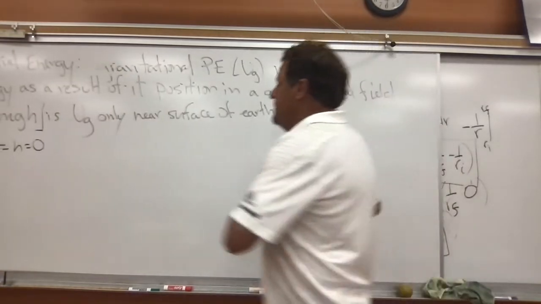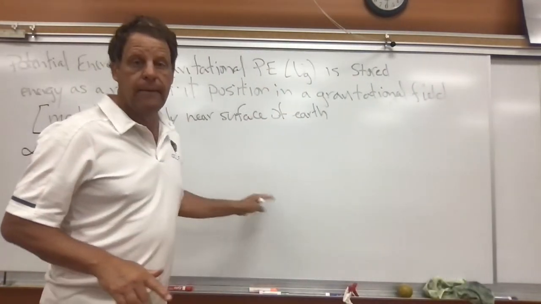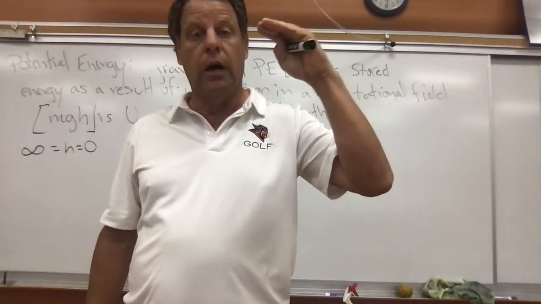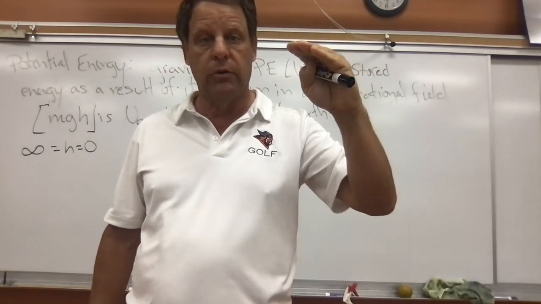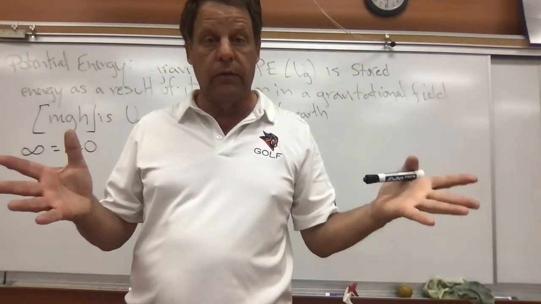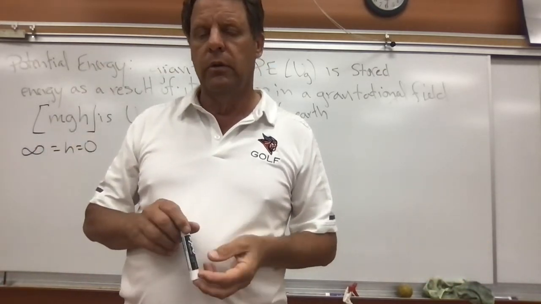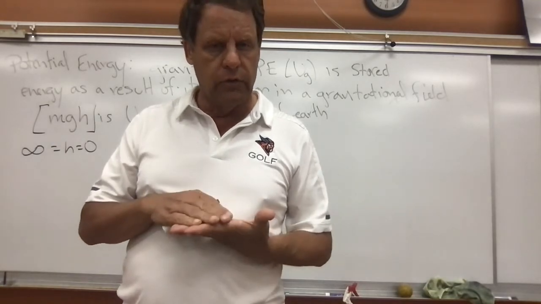Now the difference between the surface of the Earth and 100 kilometers is a difference of 100,000 meters, right? So 100,000 meters still seems fairly close to the surface of the Earth.